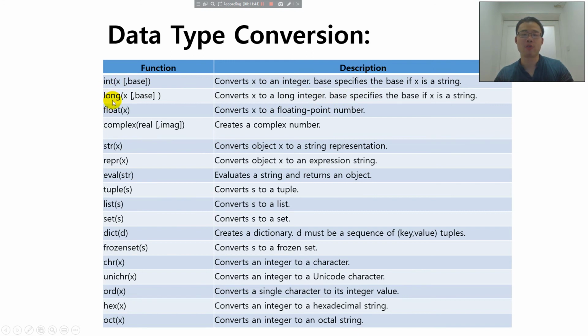There is a long integer, if there are a lot of digits in the integer. And float is a numerical number with a decimal part, and complex is a complex number, with a real part and a complex part. Usually we don't use this, but in mathematical calculation we probably want to use it.